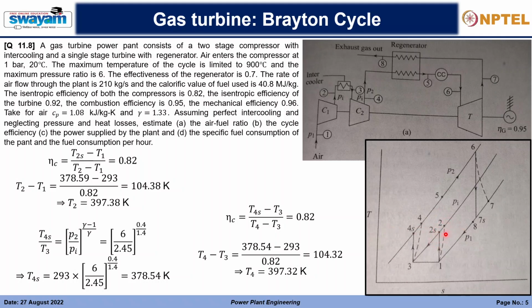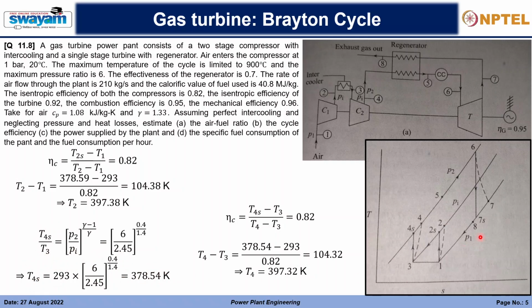Okay, so T2 we have found out, but since it is perfect intercooling and the compressor efficiencies are constant, the same will hold down here also, and we will find that T2 and T4 will be constant. You can see it here also. For the same pressure ratio I have considered the same thing.